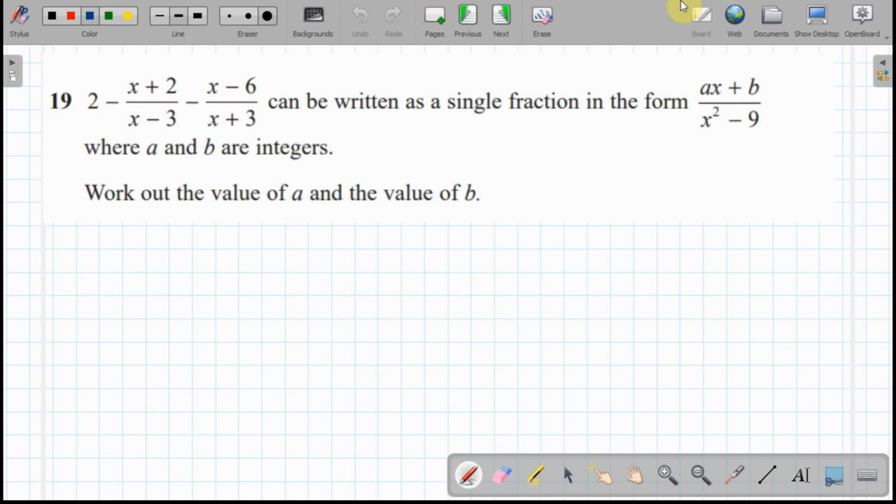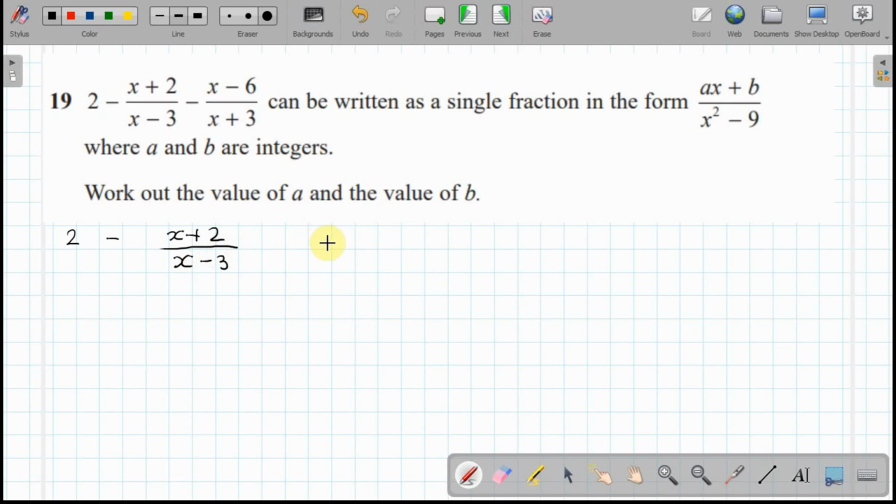Let's get started. We've got to express this particular fraction as a single fraction. I'm going to rewrite this: 2 minus (x plus 2) over (x minus 3), and I'm going to leave some space.